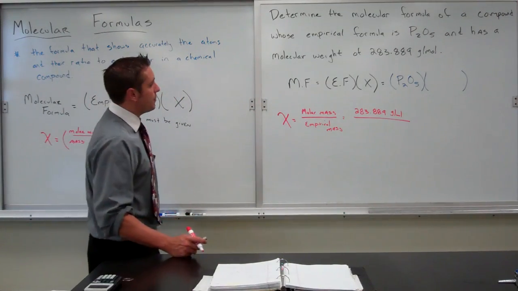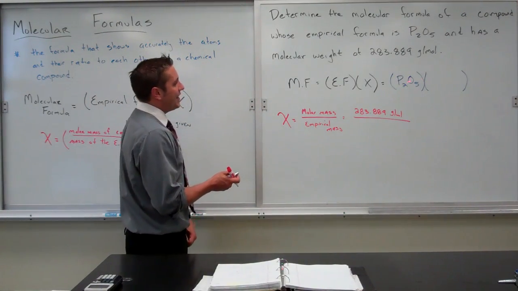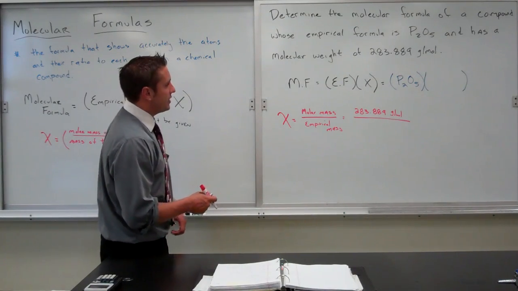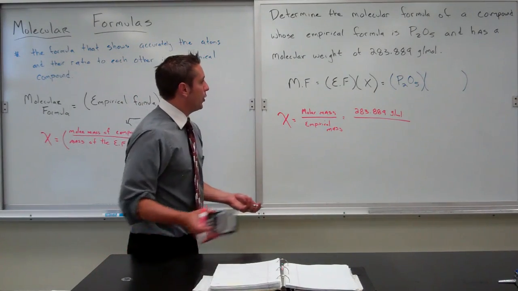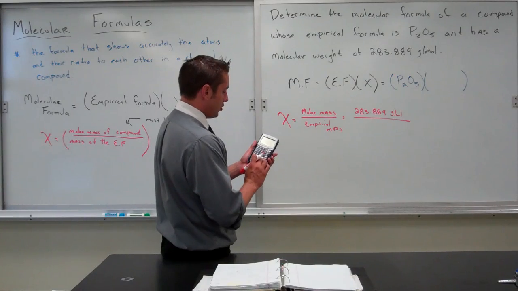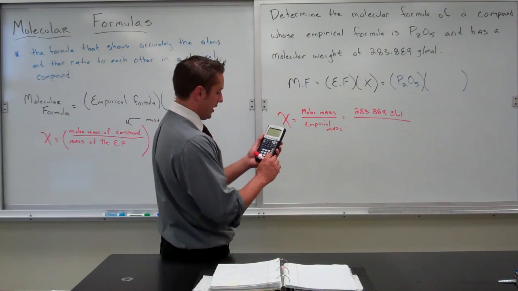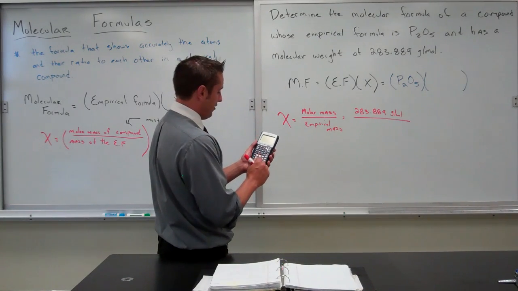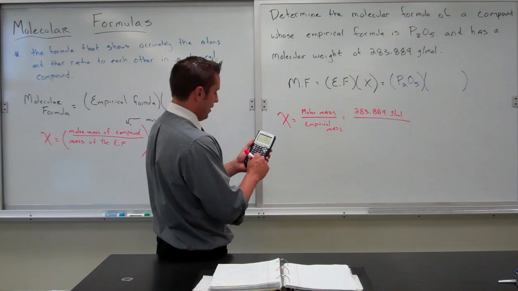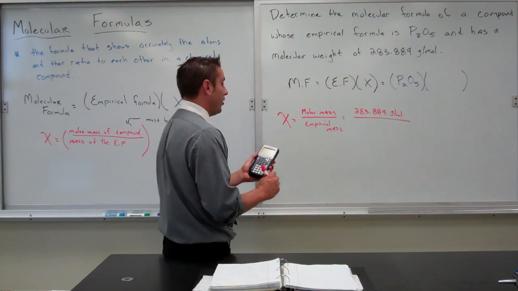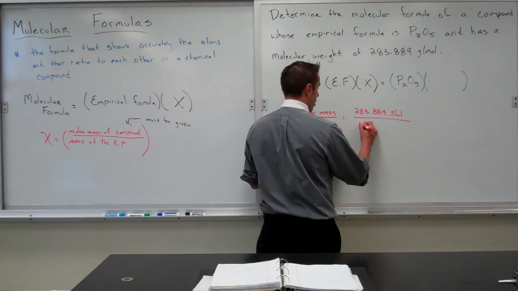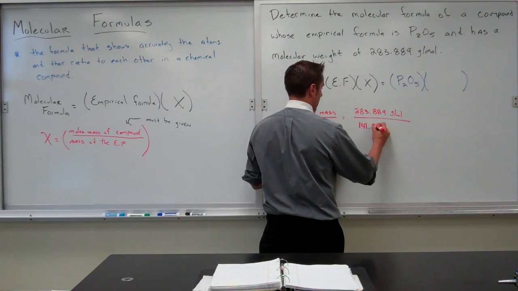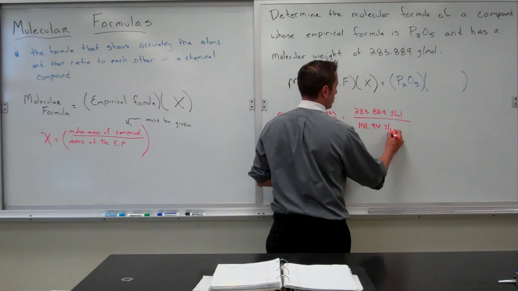And all we do to get the empirical formula mass is add up the 2 P's plus the 5 oxygens. So what I'll do in my calculator is take 2 times P off the periodic table, which is 30.97, plus 5 times oxygen off the table, which is 16.00, and you'll get a value of 141.94 grams per mole.